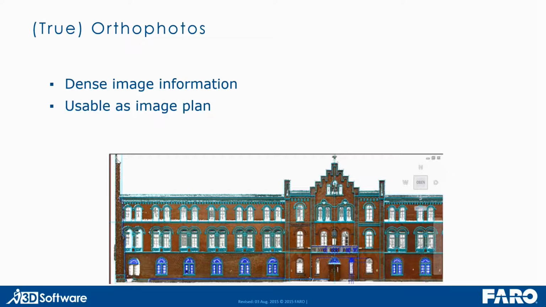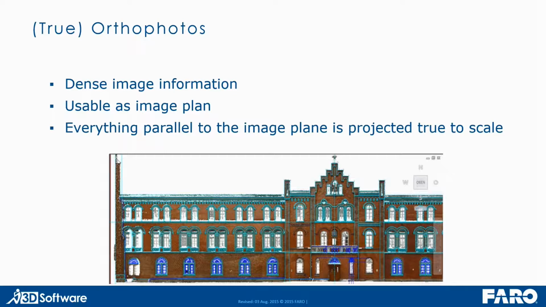And ortho images as well as true orthophotos can be used as image plans, because everything that's parallel to the image plane is projected true to scale, but only those things which are parallel to the projection plane. So if you have facades with a lot of planar surfaces which are parallel to each other, you would fit a main plane and use this as image plane.